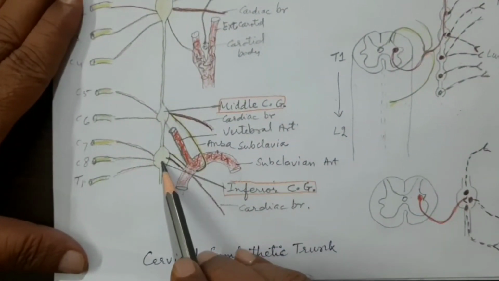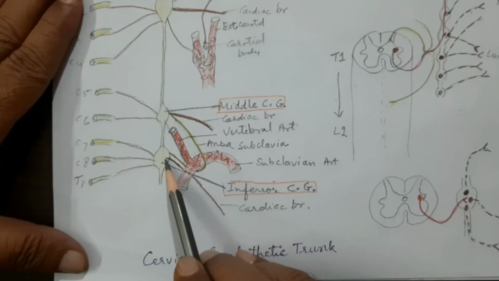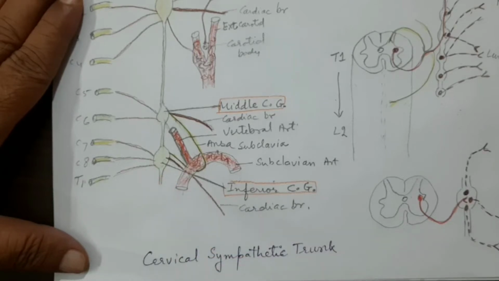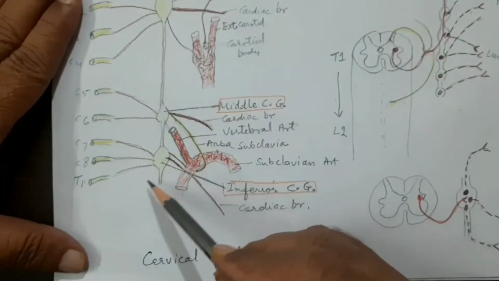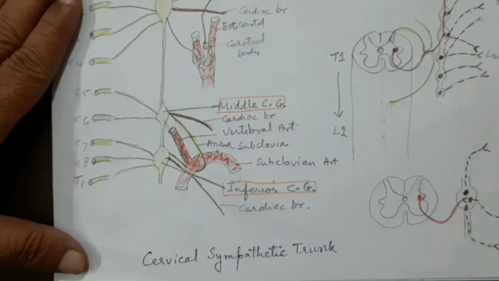Now this inferior cervical ganglion is situated in front of the transverse process of the C7 vertebra and that of the neck of the first rib. As we said in the introduction, it lies in front of the neck of the first rib and then becomes the thoracic trunk.